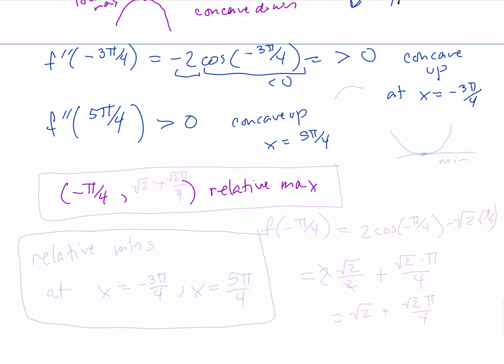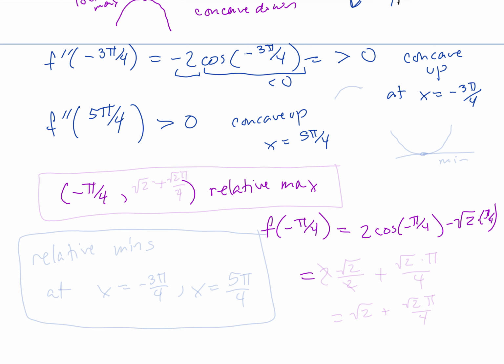So what is that value? F of negative pi over 4 is 2 times cosine of negative pi over 4 minus square root of 2 times x, negative pi over 4.